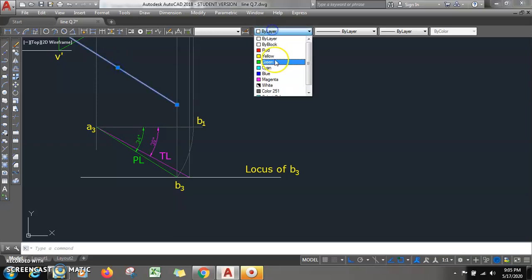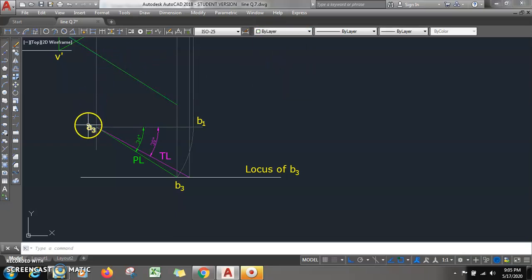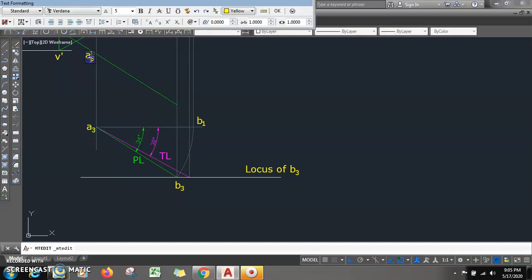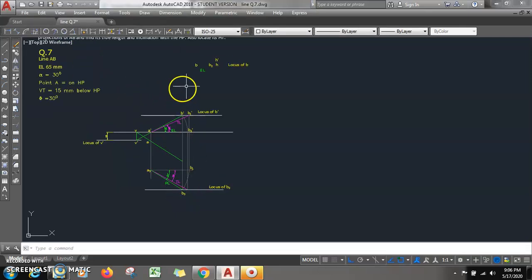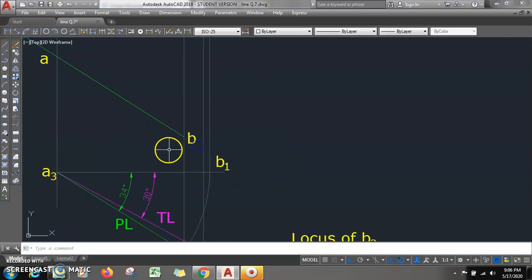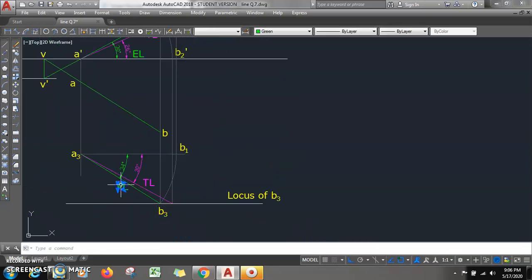तो ये जो लाइन है, ठीक है, you see, this will be your point A, and this is your point B. ये जो length है, this length is plan length, and you see this angle is how much with horizontal?